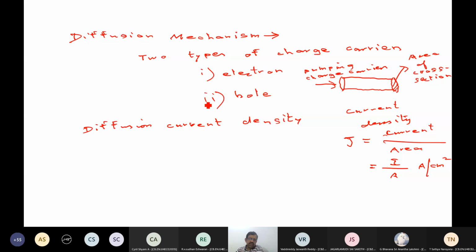We have two charge carriers. As a result, we will have current density due to hole concentration gradient, which constitutes what is called Jp, the symbol for hole current density, and Jn is the electron current density.